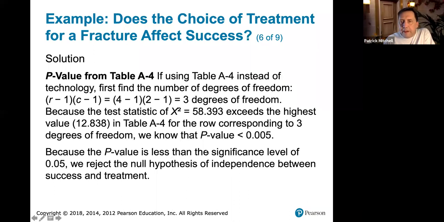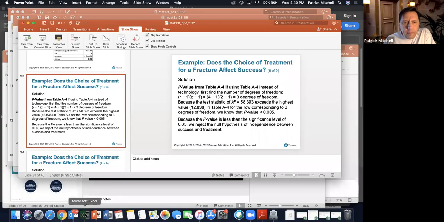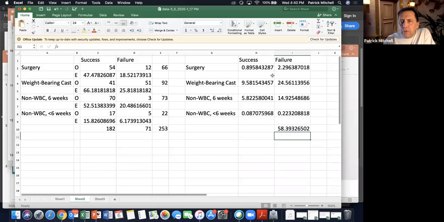Okay, because the p-value is less than the significance level of 0.05, we reject the null hypothesis of independence between success and treatment. And I just want to point out to you real quick, when you look over these O minus E squared divided by E values, they give you some insight into what really drove up that total chi-square score.